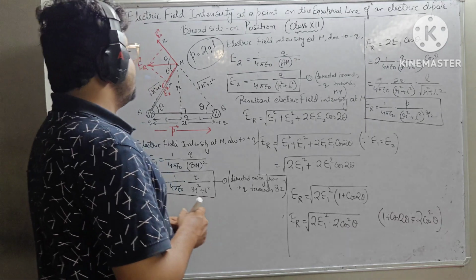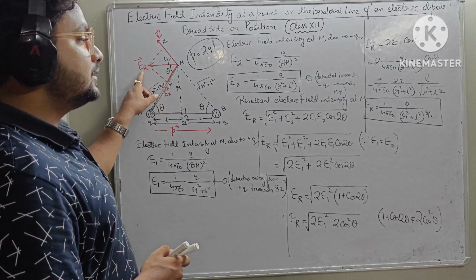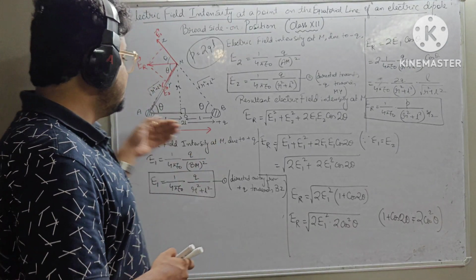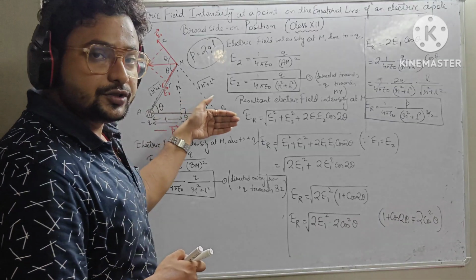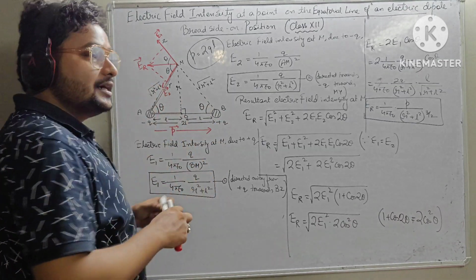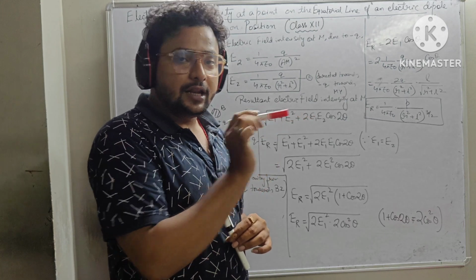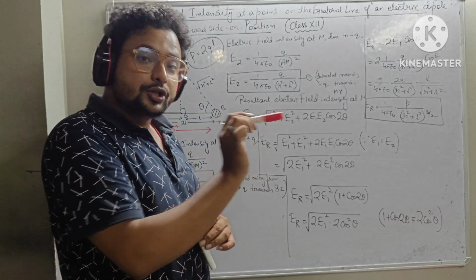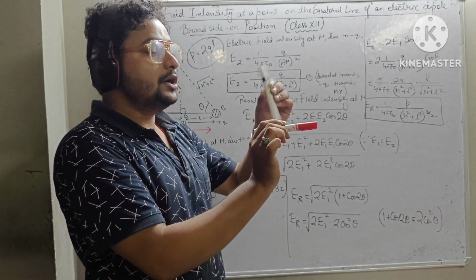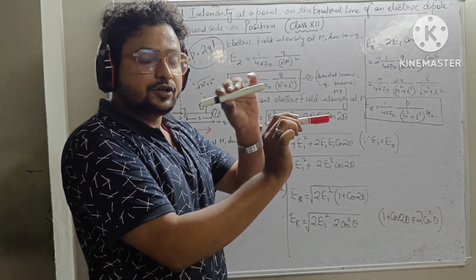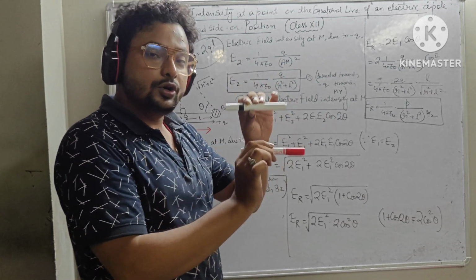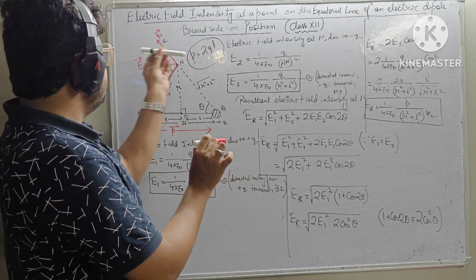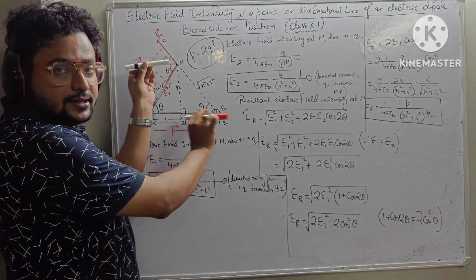Okay. So the resultant electric field intensity, remember the direction. What will be the direction? You see, P vector is directed along this way, and ER is just parallel to P vector. This is P vector along in this direction. ER is also parallel to P vector but in the opposite direction. So this is the direction of the resultant electric field intensity. Okay. So see, resultant electric field intensity is in this direction. P vector is in this direction.